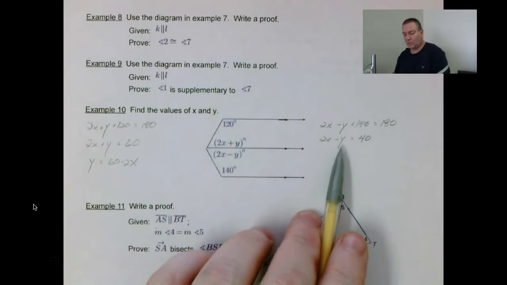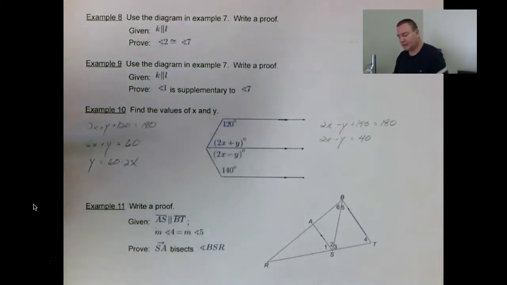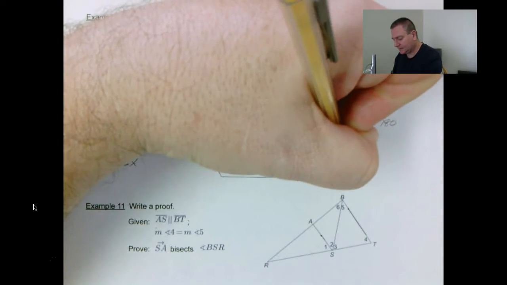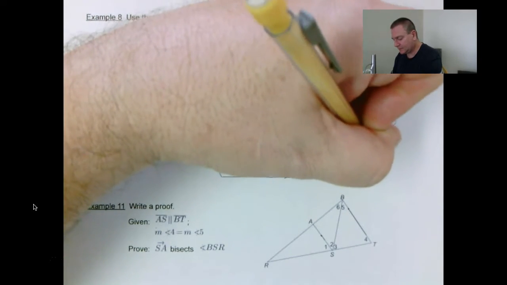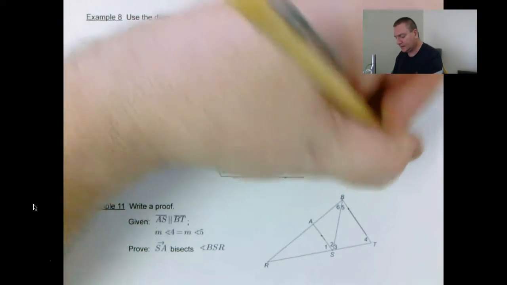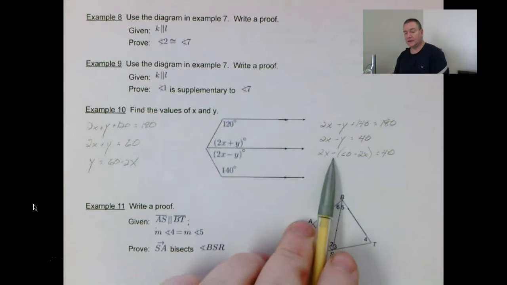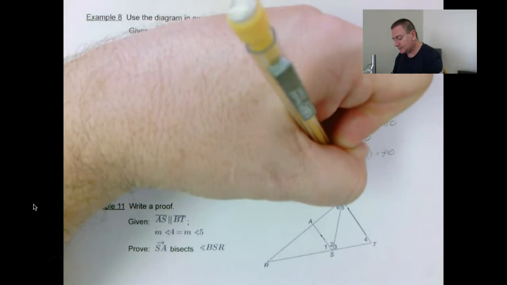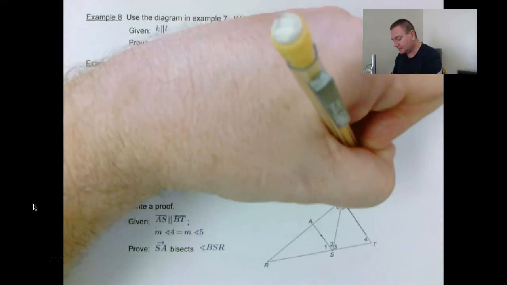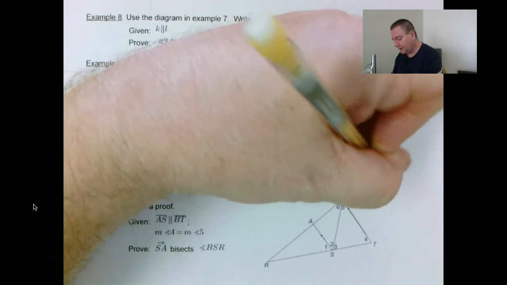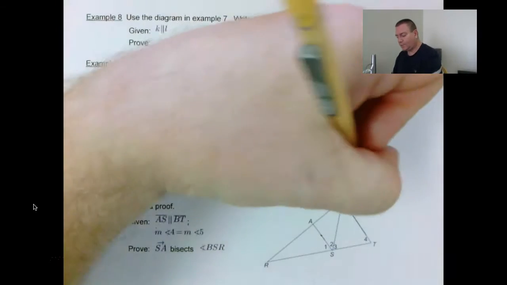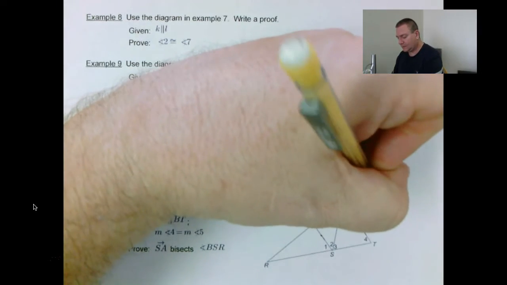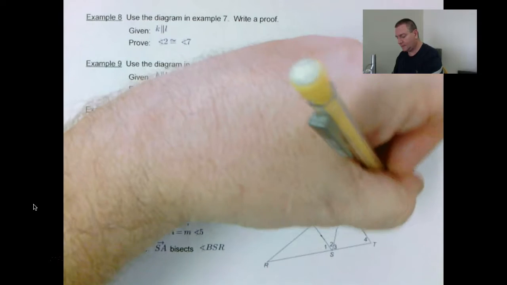Substitute in place of this y, I'm going to replace it with 60 minus 2x. Now I have 2x minus (60 minus 2x). Notice I've put this into parentheses to be careful because I'm going to need to distribute that negative sign through. 2x minus 60 plus 2x equals 40. 4x equals 100. x equals 25.